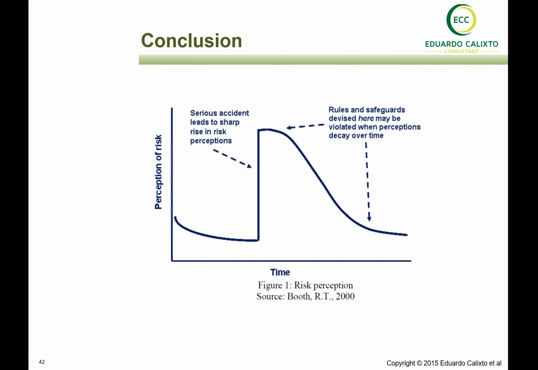Another very important point about risk in the end is risk perception. Risk perception for a society, and when I say society, I'm talking not only about the leaders in the organization, but the whole society of stakeholders, goes up and down depending on the memory and history of major accidents that have happened. Whenever there is a major accident, the risk perception goes up.